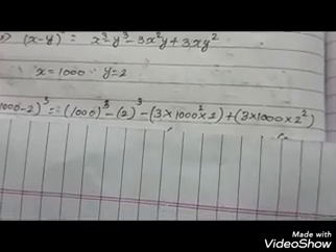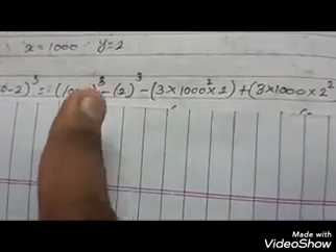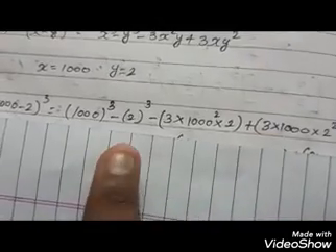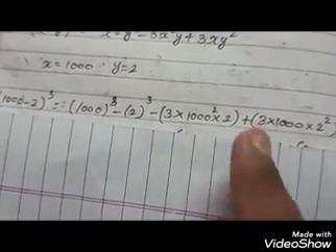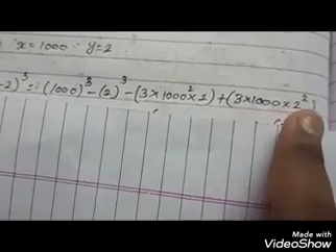Now we substitute all the values. 1000 cube is 1000 into 1000 into 1000. Already I told you, if the number ends with zeros, squaring means doubling the zeros, and cubing means tripling them. For example, 30 squared becomes 900, and 30 cubed becomes 27000. So 1000 cube is 100 crore, 2 cube is 8, and 1000 square is 10 lakh, and 2 twos are 4.